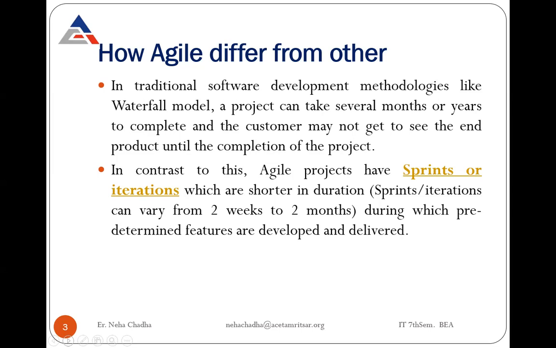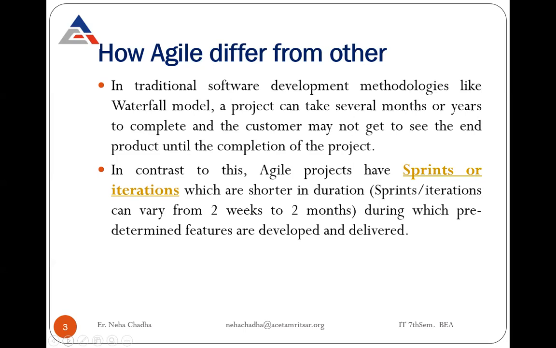In contrast to this, agile projects have sprints or iterations. The sprint is generally the term that is used when we use the Scrum methodology, which is a part of agile methodology, and it is shorter in duration. Sprints or iterations can vary from 2 weeks to 2 months.